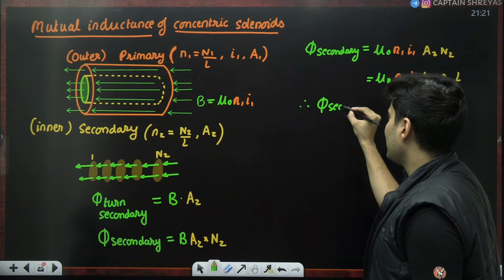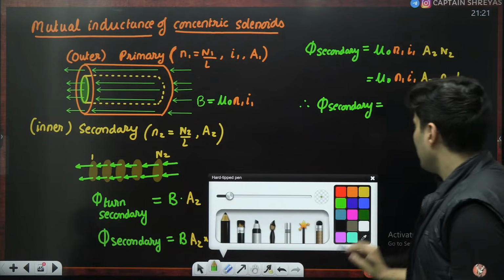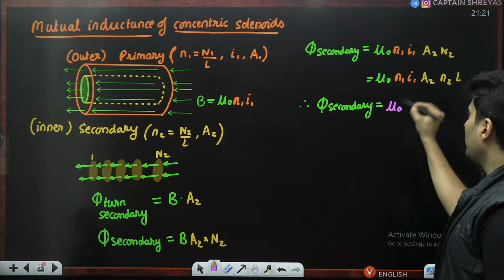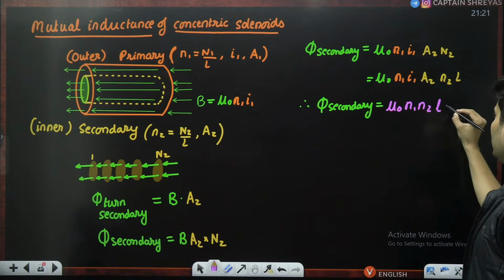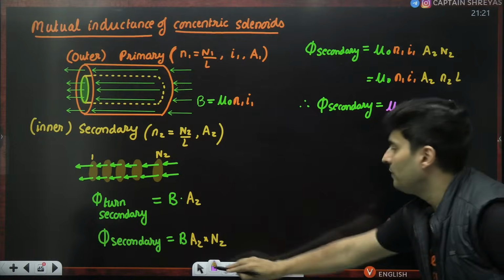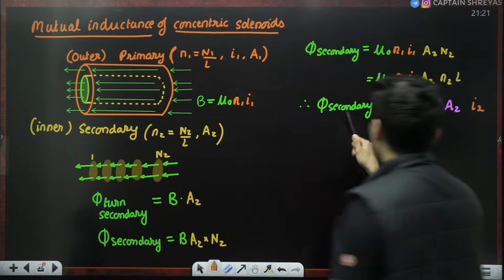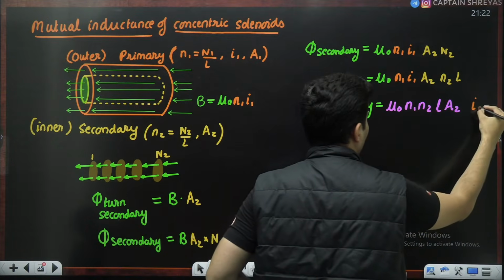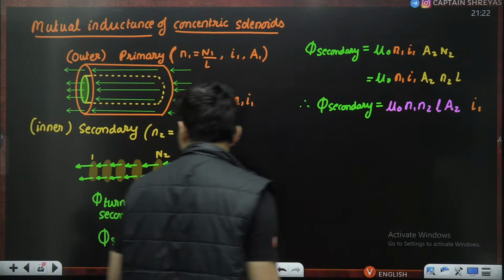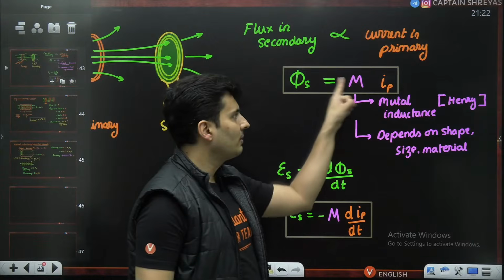Flux in the secondary coil, observe this very carefully: mu naught n1 n2 into length into area 2, and finally the primary current. Flux in secondary is proportional to the primary current. We just saw this.